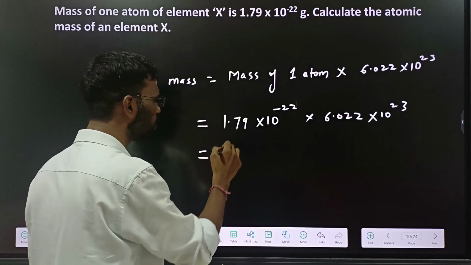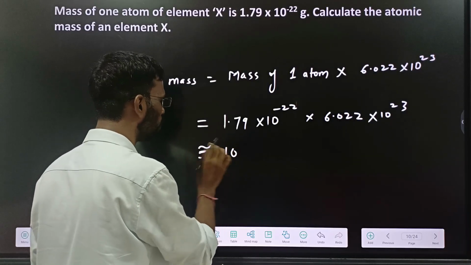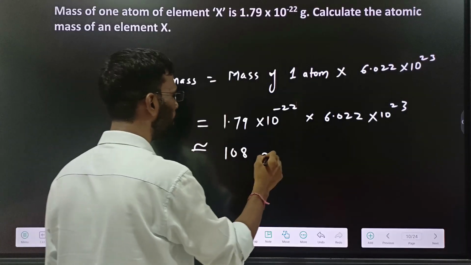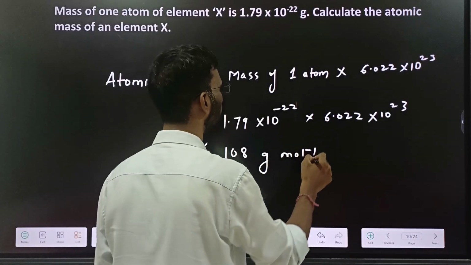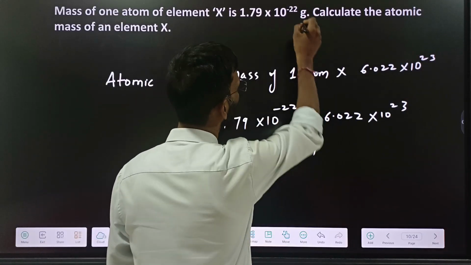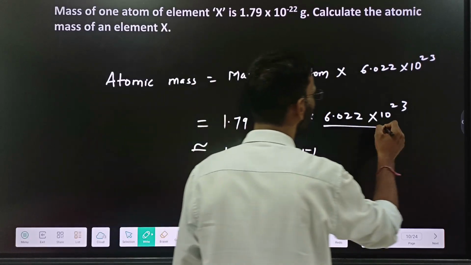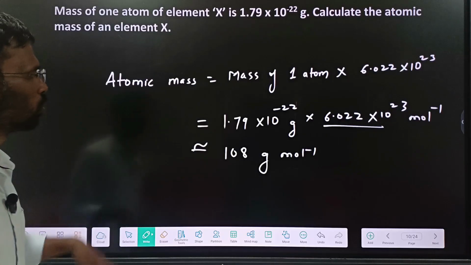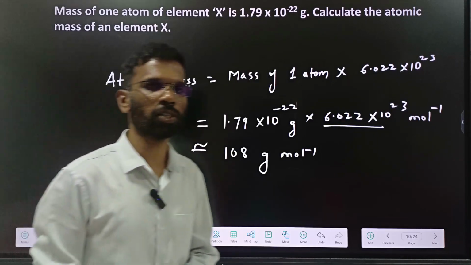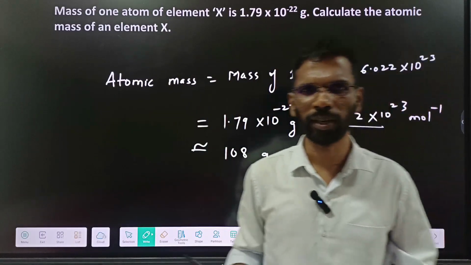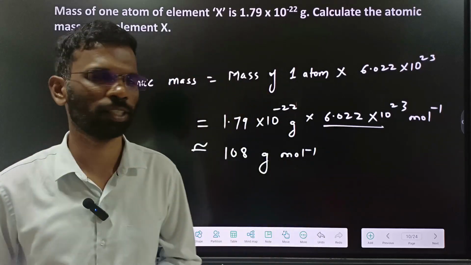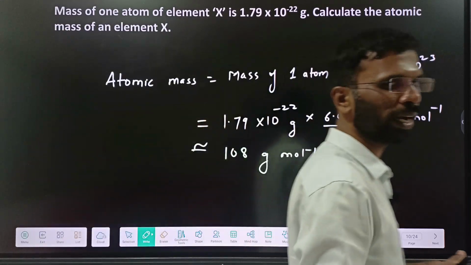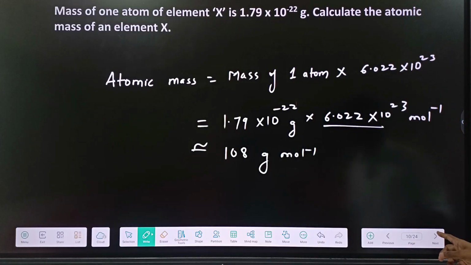So when you solve this, you will get the answer approximately close to 108 grams per mole, because the unit of this was gram, and the unit of this is per mole, right? So this is 108. 108 is the atomic mass of the silver metal. Element X is a silver metal over here. So this is how the relationship between the atomic mass and mass of one atom can be understood.